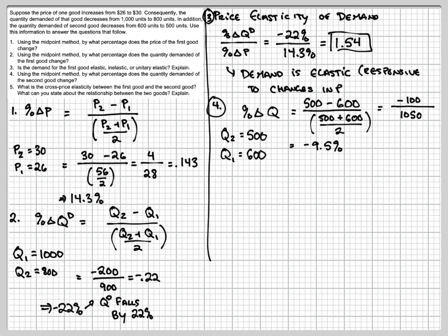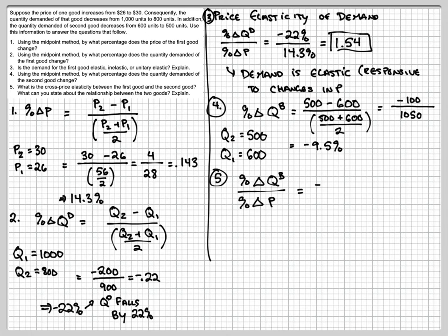What is the cross price elasticity between the first good and the second good? So this is quantity. So I'll call this QB because that's the second good. So the cross price elasticity is the percentage change in QB divided by the percentage change in the price of the original good.